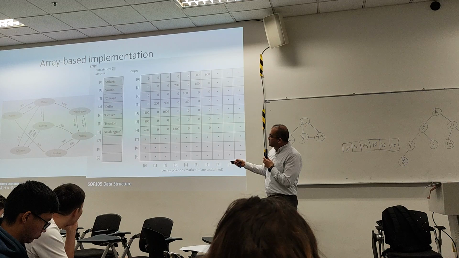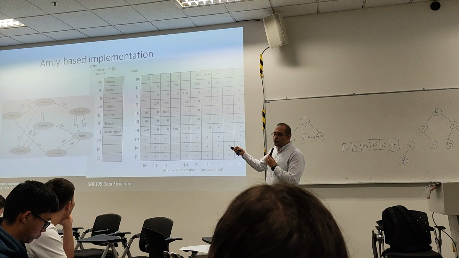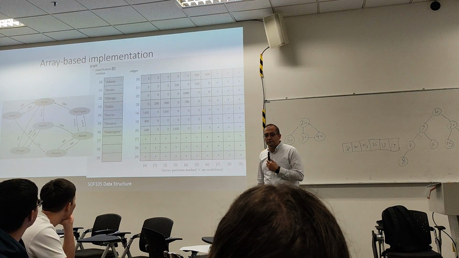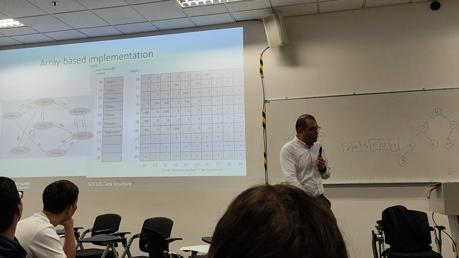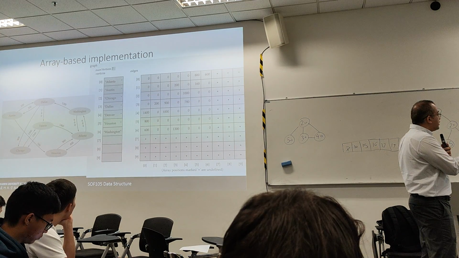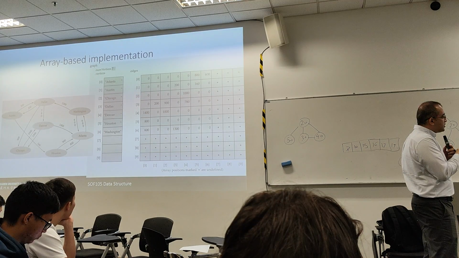Now, Houston to Atlanta. Houston is where? 5. Atlanta is what? 0. So 5, 0 should equal to what? 800. And so on. Another example. I have Washington to Dallas, right? Where's Washington? 6. What is Dallas? 3.